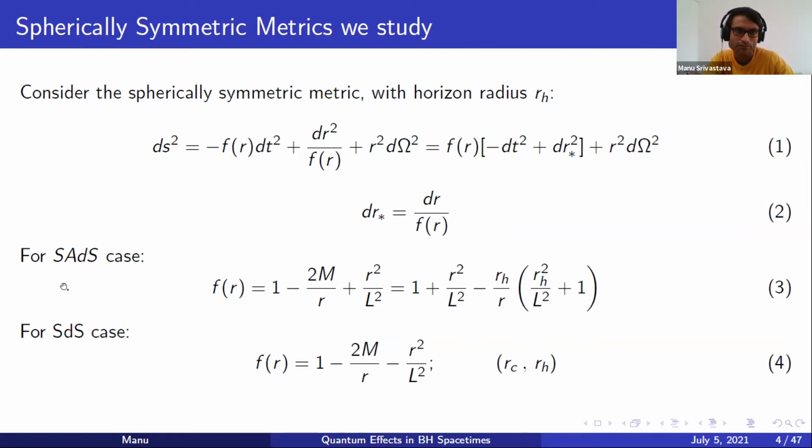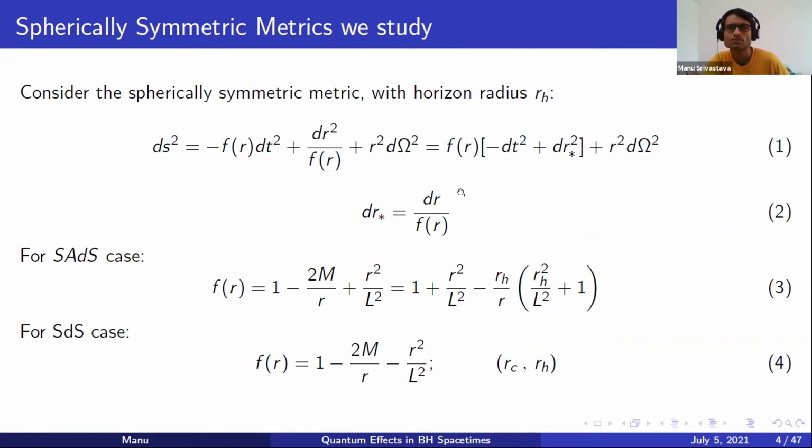But if we have what I call the SADS case, SADS stands for Schwarzschild anti-de Sitter black hole, f(r) is given by 1 minus 2m by r plus r squared by L squared, where L is related to the background curvature of the AdS space. And for the SDS case, that is Schwarzschild de Sitter black holes, f(r) is given by 1 minus 2m by r minus r squared by L squared.